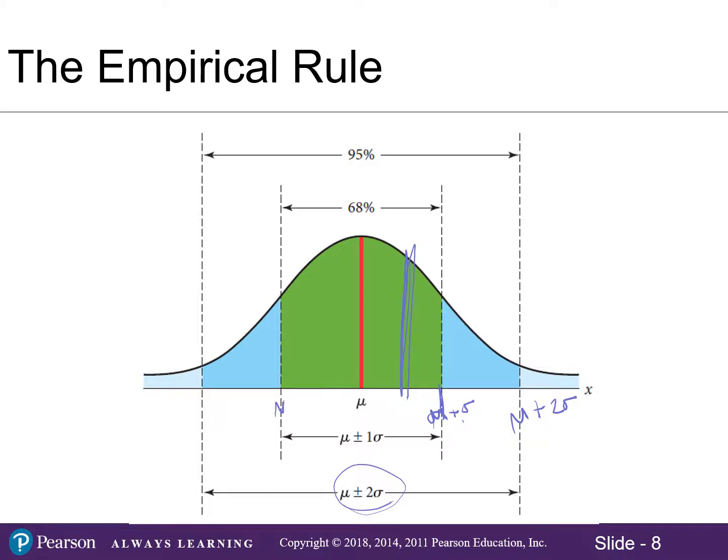This value right here is going to be mu minus sigma, and then mu minus 2 sigma. So if I randomly selected a value and it ended up like here, boom. If this is 95%, then this out here, that's in the lower 2.5% of all possible data. Very unusual and very low. And you can use z-scores to tell that as well. And we'll get a little more into that in a little bit.